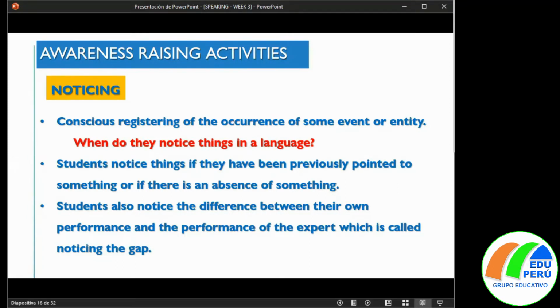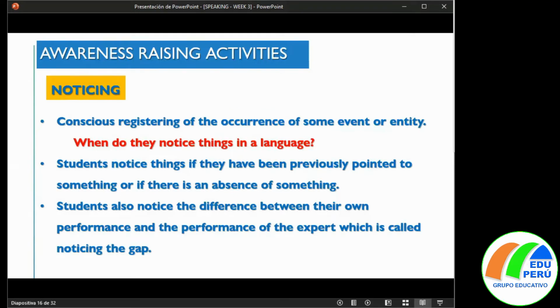Or maybe he or she uses more vocabulary. I need to improve. We call this noticing the gap. So they notice the difference between the expert and himself or herself. So this is noticing.